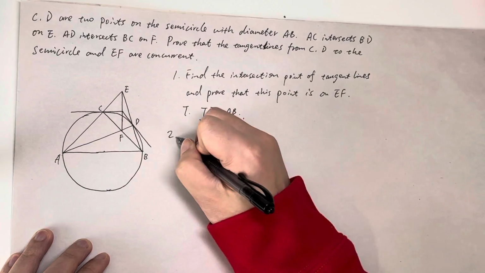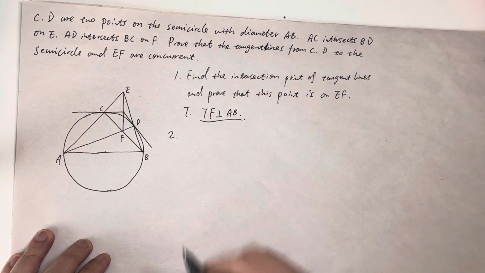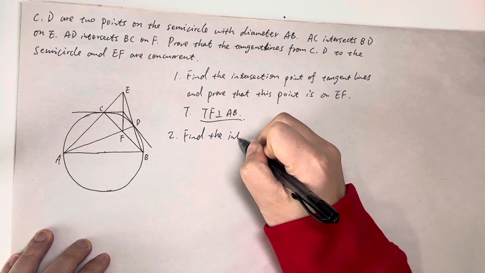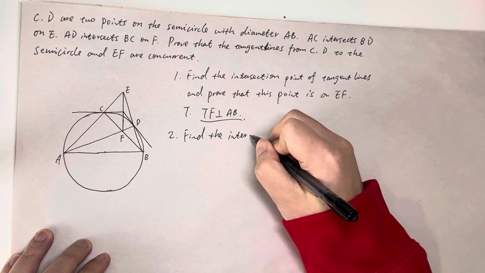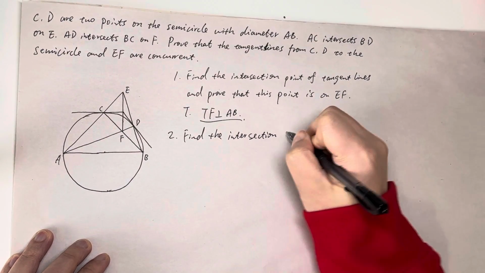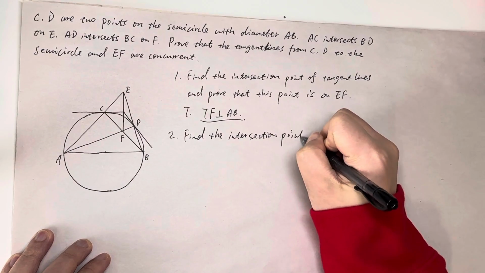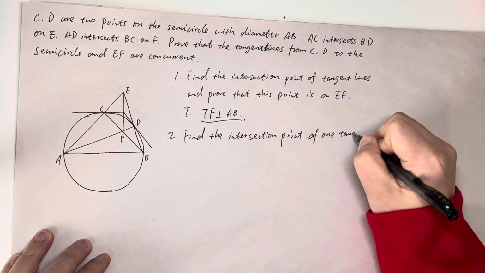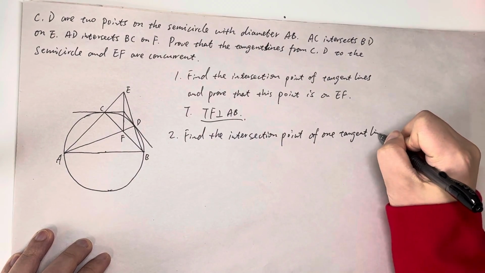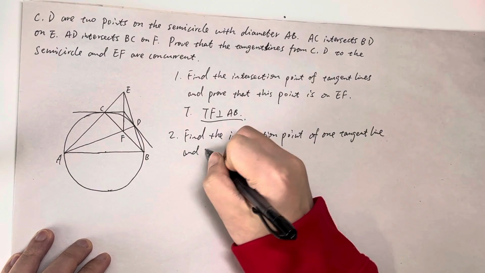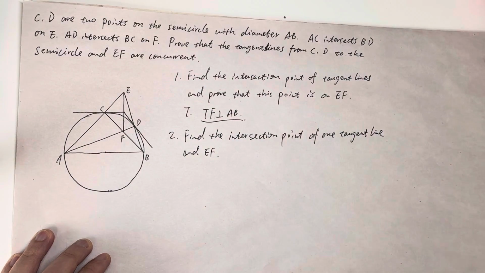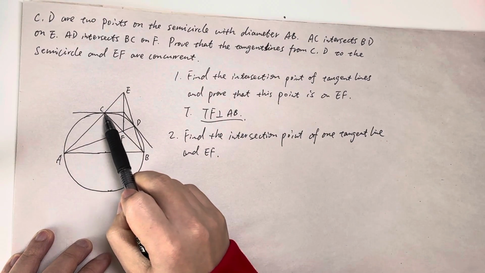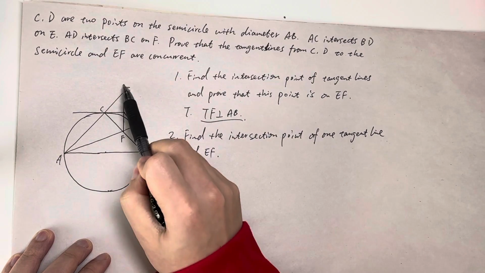And the second way is that we can find the intersection point of one tangent line and EF, right? For example, the tangent line passing through C and EF first.